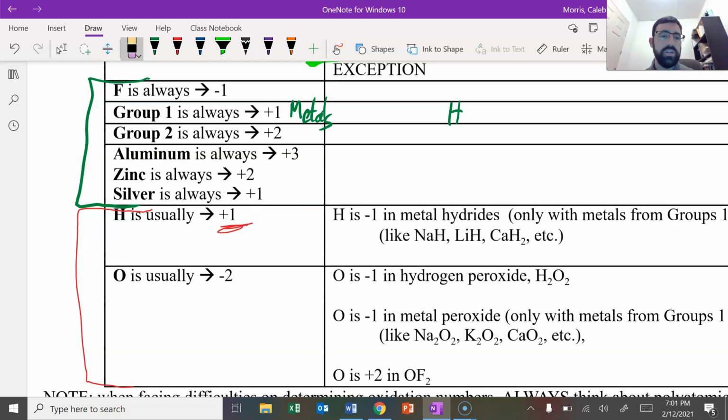Keep that in mind. That's the only time you're going to see it being anything other than +1. And then oxygen is usually -2. The only time that it is going to be anything other than -2 is if it violates something that is above it on the rule list, whether it's hydrogen or fluorine or one of those metals that we talked about above.